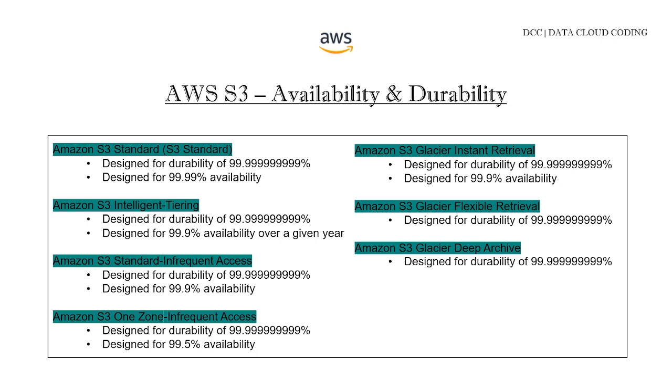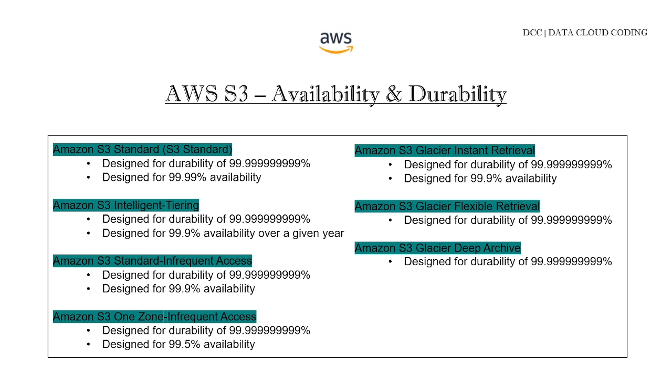Similarly, for multiple storage classes, we have different availability and durability. We can see that S3 Standard is the most optimal option when it comes to durability and availability. So if you have some highly sensitive data, S3 Standard is the recommended storage class. Although all the storage classes do have quite a good level of durability and availability.